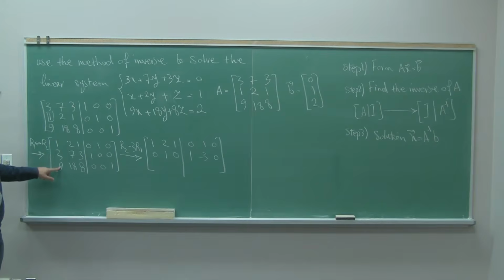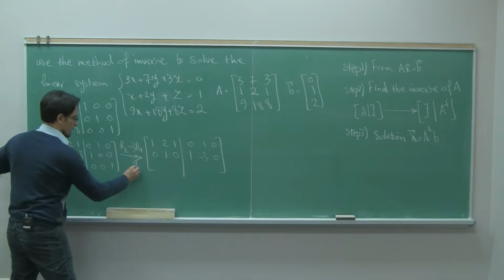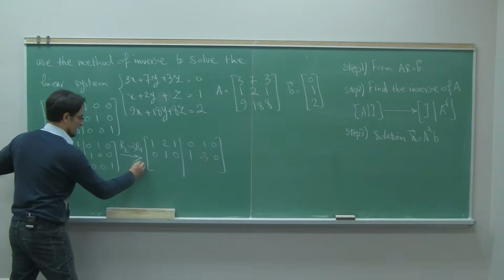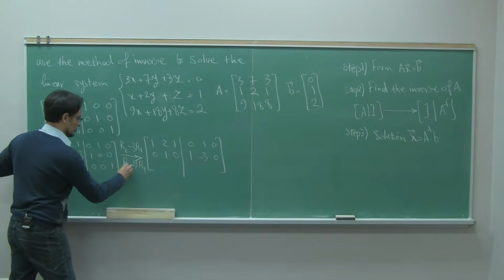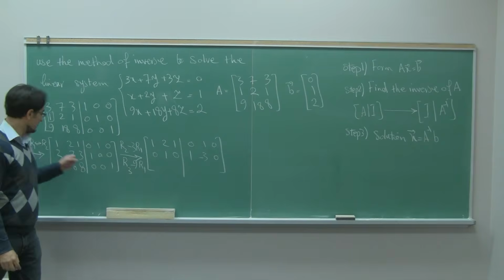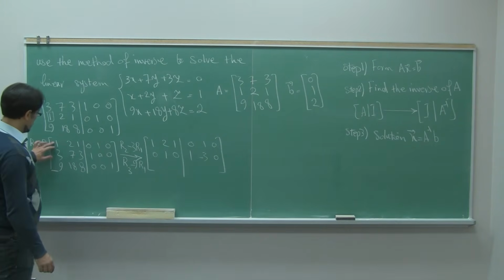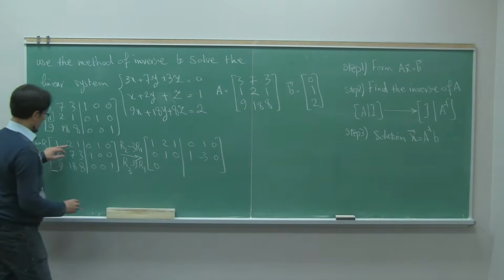Well, I have to get rid of this guy also, and I'm going to do it in the same step. Sorry, I multiply row 1 by negative 9 and add it to row 3. So then I will get 0 here.